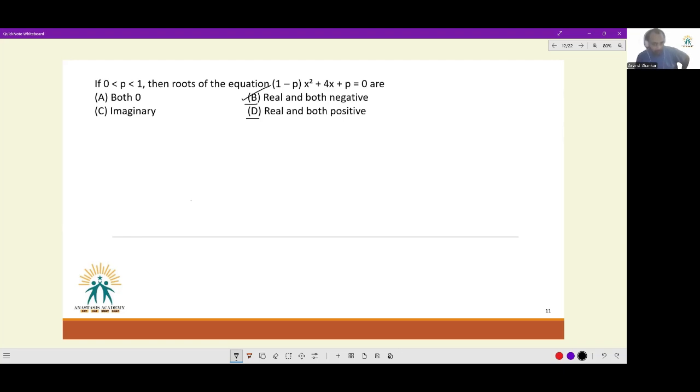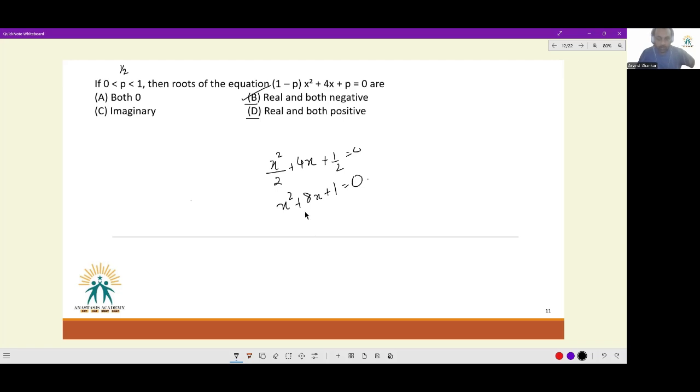Remember, all these four options are such that they are distinct from each other. So I'm happily taking the value of p as half, which gives me the equation x square by 2 plus 4x plus half is equal to 0, or x square plus 8x plus 1 is equal to 0.